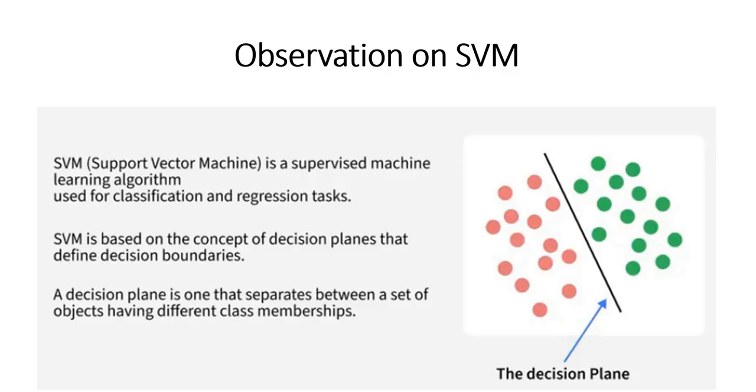So let's get started. First question, what is SVM? Support vector machine is a supervised machine learning algorithm. The word supervised means the model learns from labeled data, as we know. For example, suppose we have images of cats and dogs.